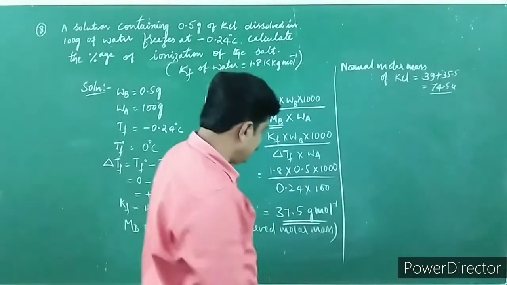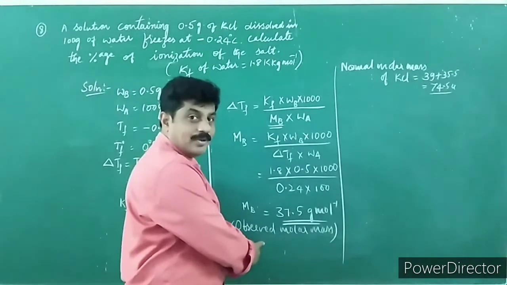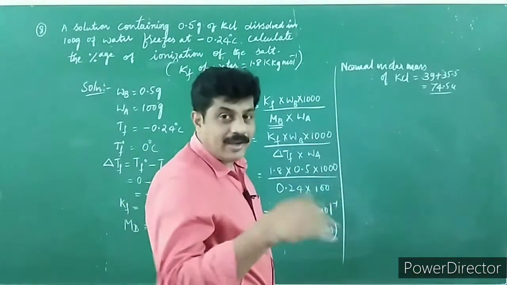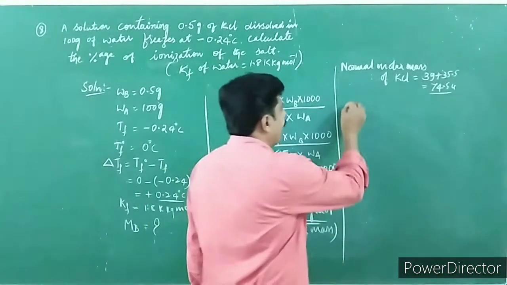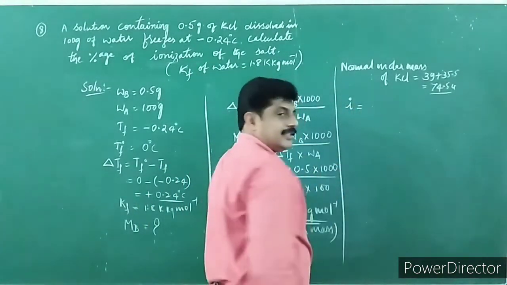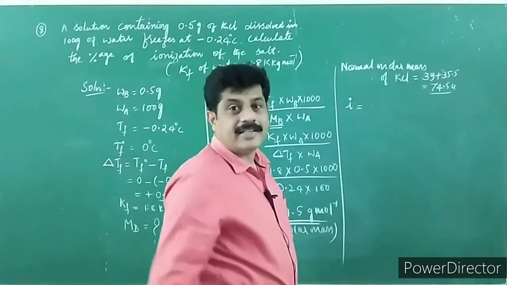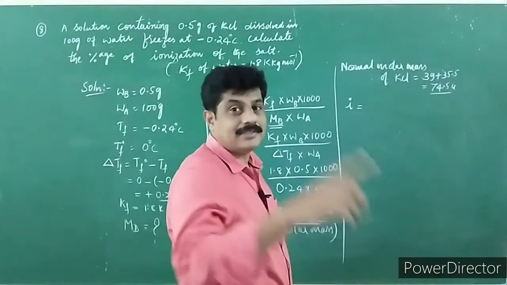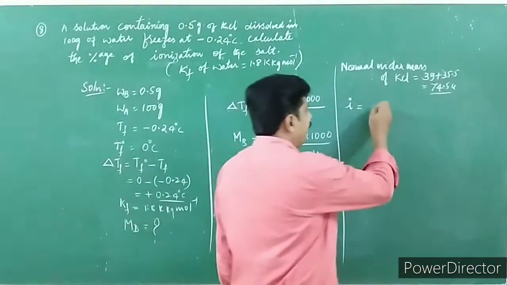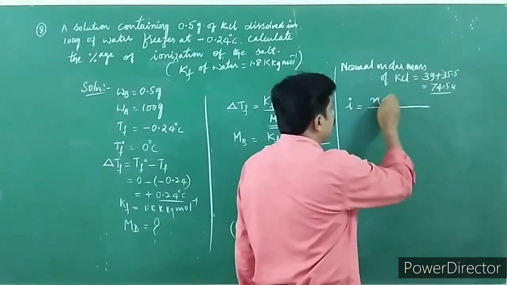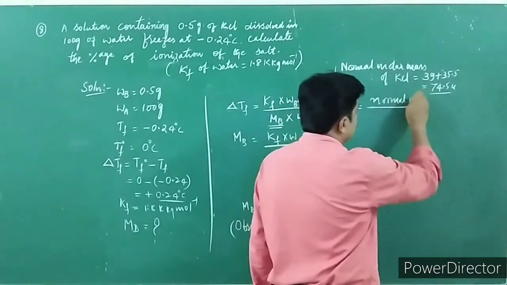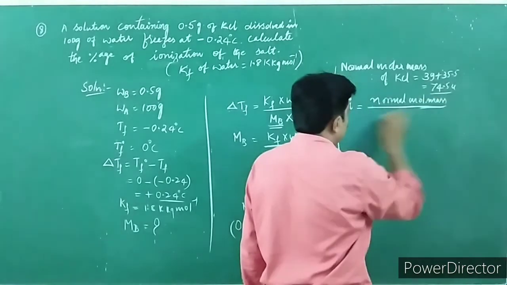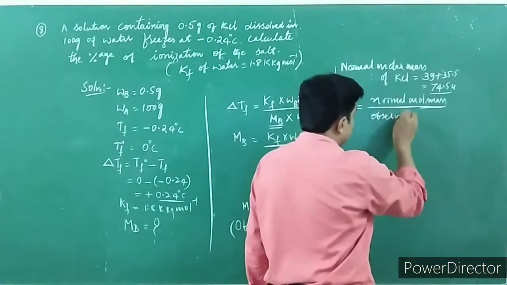Children, look here. You got the observed molar mass. Now you found out the normal molar mass. Now I need to go for what? The Van 't Hoff factor. Children, you know the relationship of the Van 't Hoff factor with the normal molar mass and observed molar mass. Van 't Hoff factor is equal to normal molar mass upon observed molar mass.